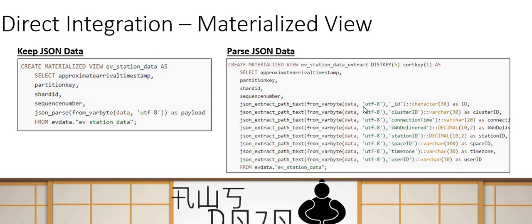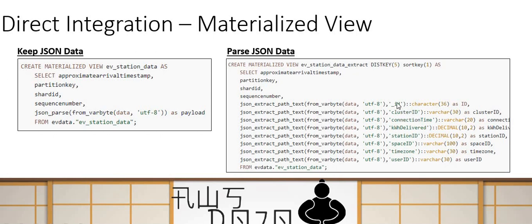You can see here it's using UTF-8 encoding. This is the key within the JSON document, this is how we are defining the data type, and this is how we are defining the field name. Pretty straightforward syntax.